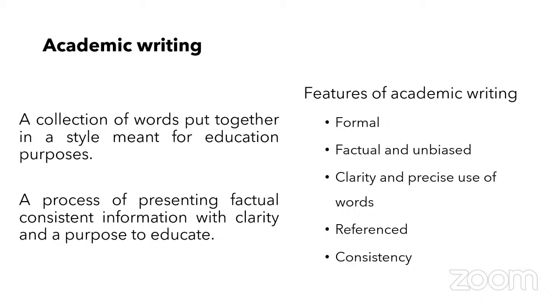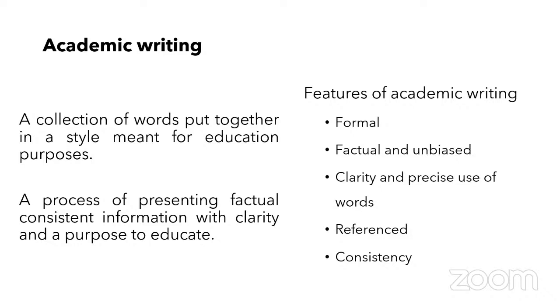You may get feedback from reviewers underlining certain things for you, depending on who is in charge of what. Again, it could be a process of presenting factual, consistent information with clarity and a purpose to educate. So that as well could be what we would term academic writing.